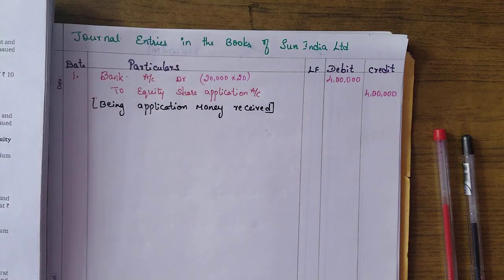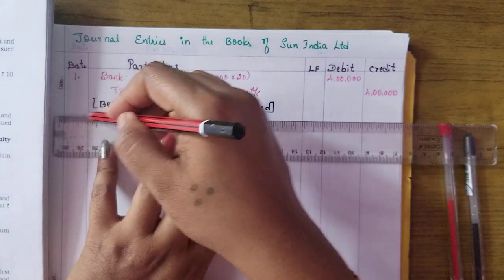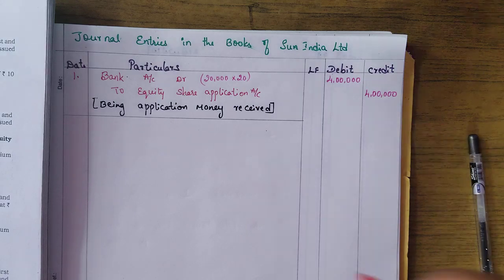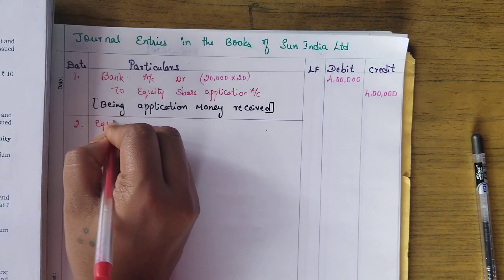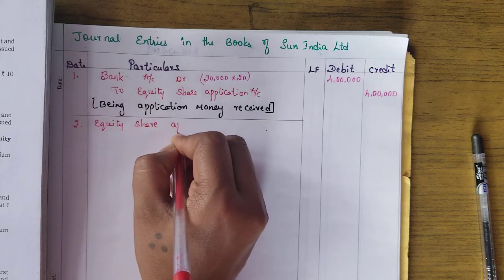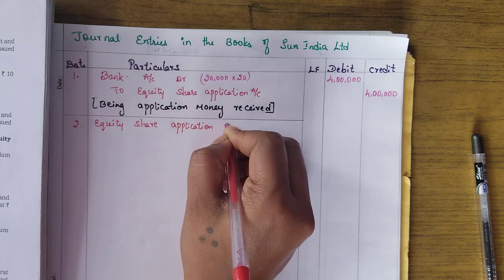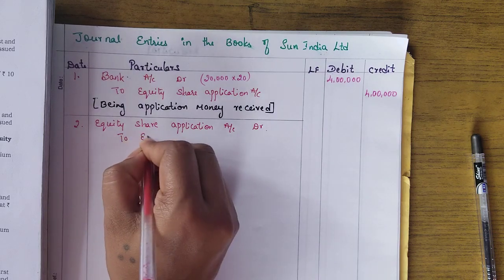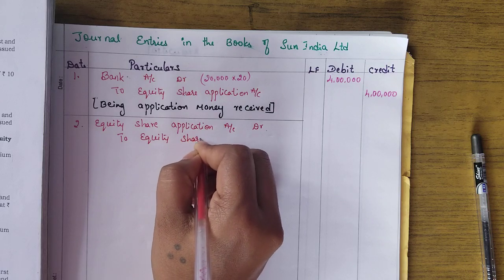Next, going to the next stage, the application amount we have to transfer to the share capital account. So equity share application account debit, to equity share capital account.